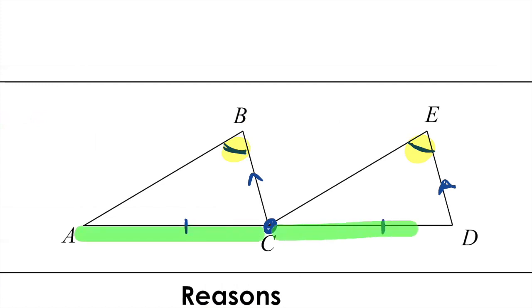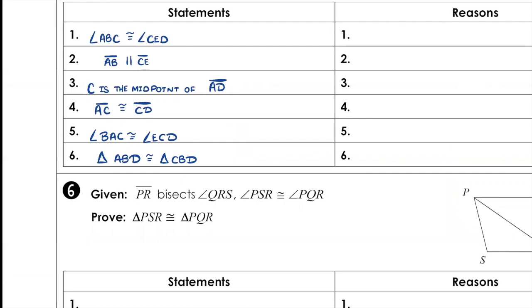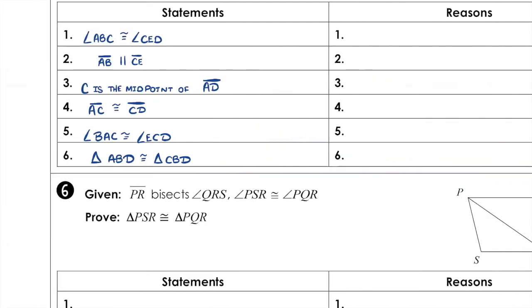How did we know that ABC was congruent to CED? Yeah, they told us. How about AB is parallel to CE? Yeah, they told us. What about C being the midpoint? Yeah, they told us. Half our problem's already done.